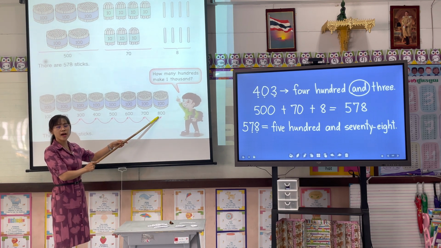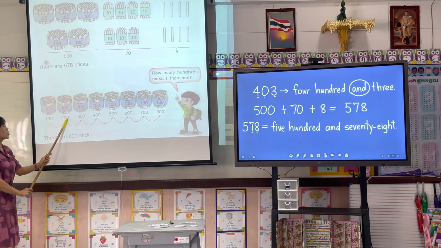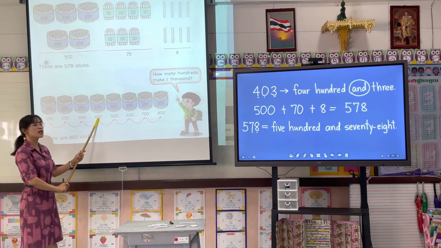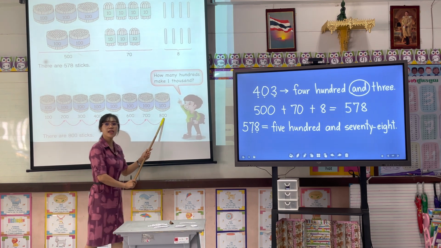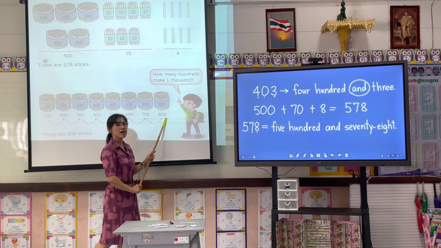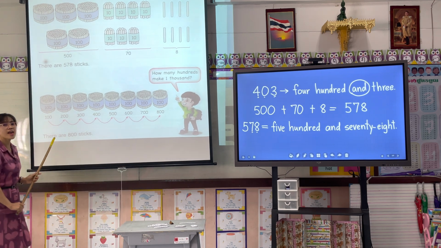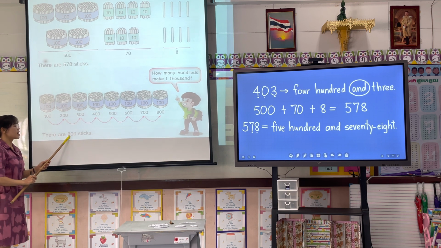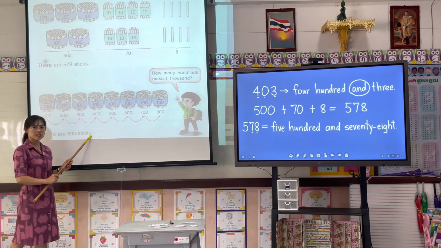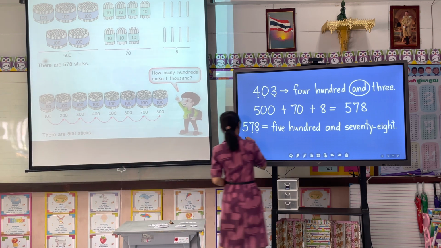When we count by 100, we say 100, 200, 300, 400, 500, 600, 700, 800. Alright? So 800. How many sticks are there? Answer? There are 800 sticks.